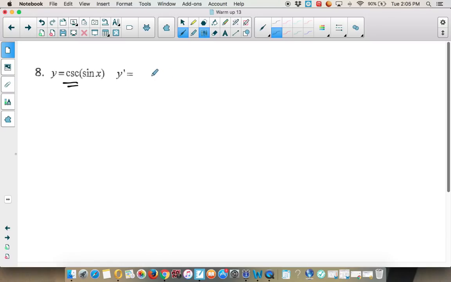So this is going to be negative cosecant of sine x, cotangent of sine x, times the derivative of the inside, which is cosine x. So that is acceptable as a final answer.